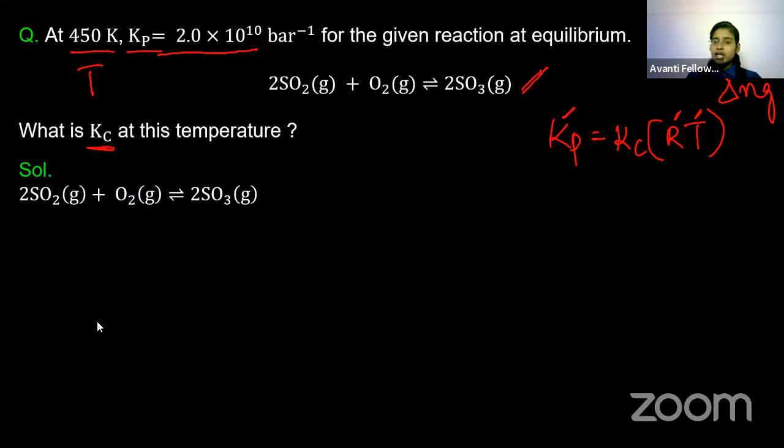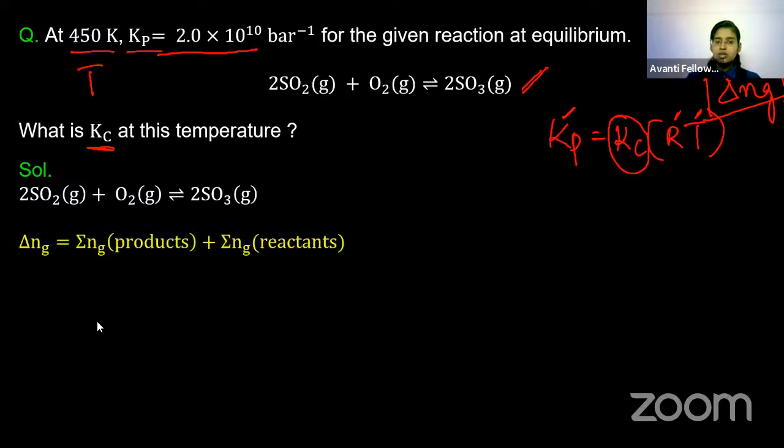We are asked to find out Kc and we can find out delta Ng from the given reaction. So ultimately the first step is finding out the value for delta Ng. Delta Ng will be equal to 2 minus 3. 2 plus 1 is 3. So delta Ng value is minus 1.